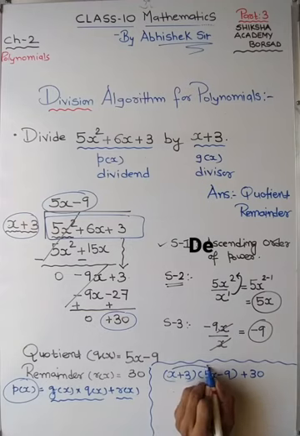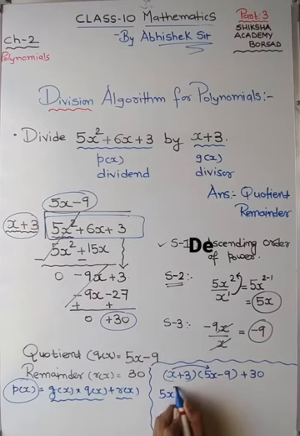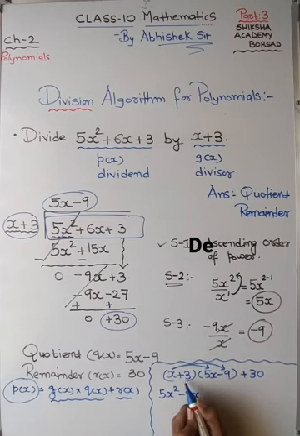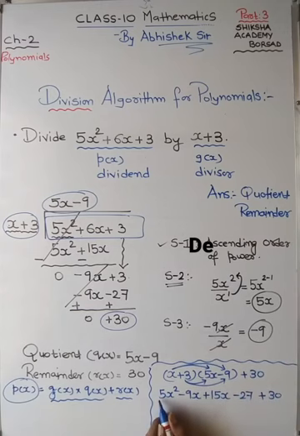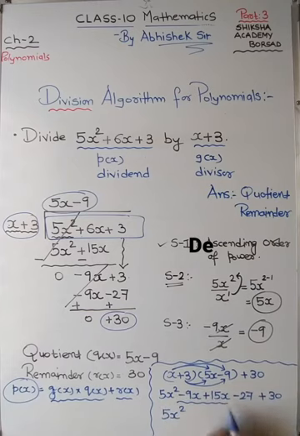So x into 5x will be 5x square. x into minus 9 will be minus 9x. 3 into 5x is plus 15x, and 3 into minus 9 is minus 27. Plus 30 will be repeated. We don't have any other x square term, so we will repeat it. Minus 9 plus 15, so it is basically 15 minus 9, that is nothing but plus 6x. 30 minus 27, solve it and you will get plus 3.